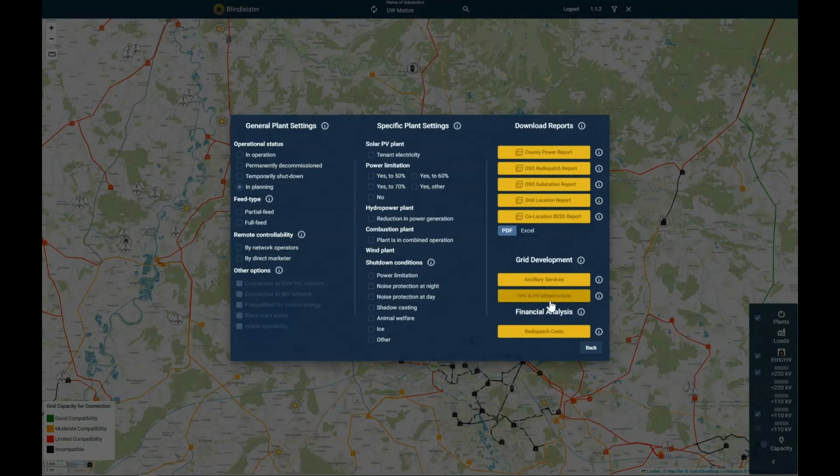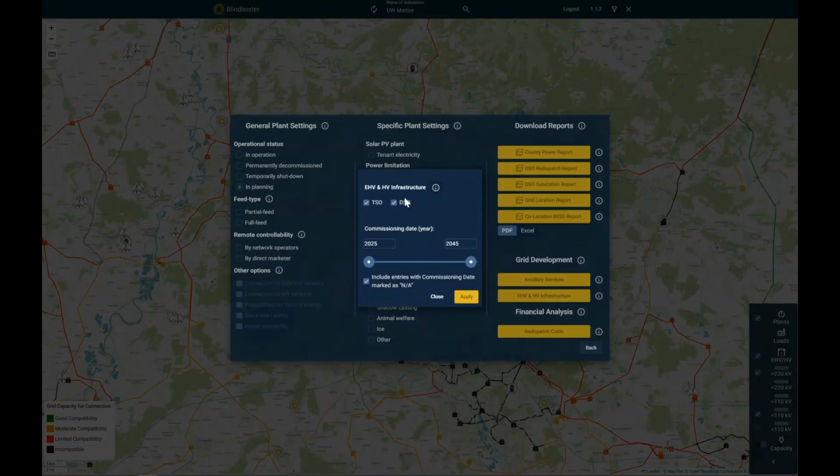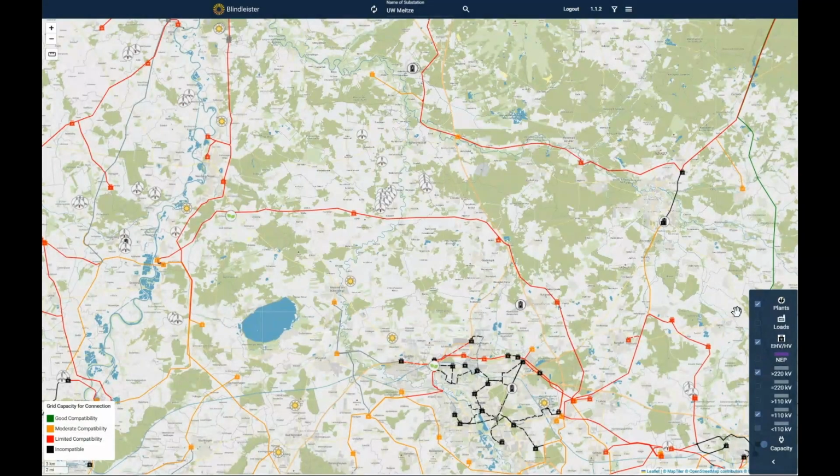We go here on extra high voltage infrastructure, but we only select the DSO because we're planning to have a PV installation which will be connected most likely not to 220 kV and higher, but to the 110 kV distribution system. So we unselect this, and we also want to have this whole thing ready till 2030. We make apply, and we will see, okay, what is going to be planned here.